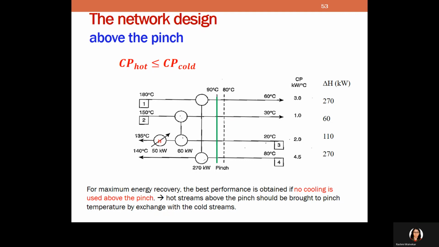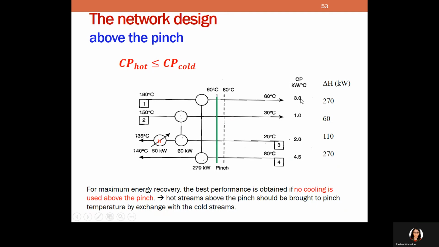It means we have 3 different options for how we can place the first heat exchanger near the pinch line. But how do we select which one to choose? We select based on the two streams which give you maximum energy exchange. That heat exchanger we have to build first near the pinch point.